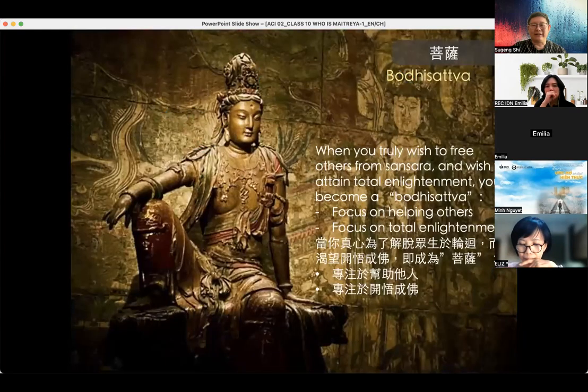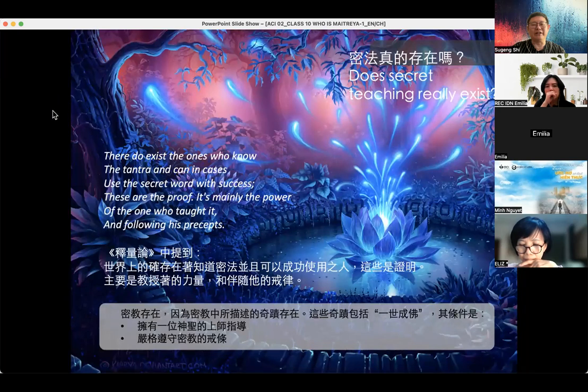Okay, now, finally, the last point. Does secret teaching really exist? This is actually quoted from somebody, I forgot. Let me check.